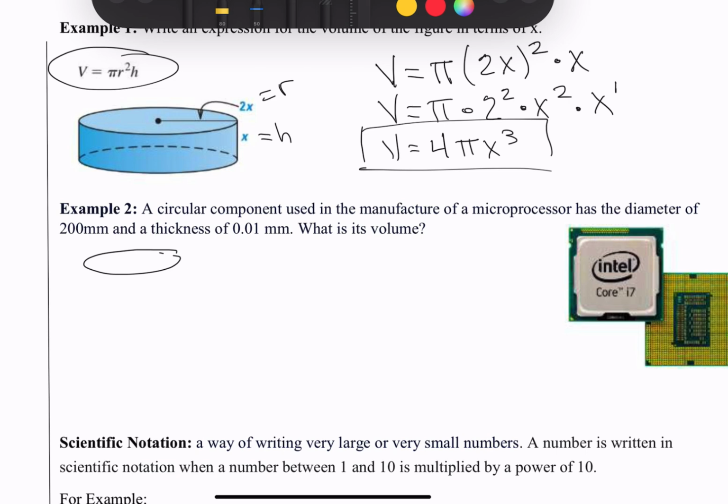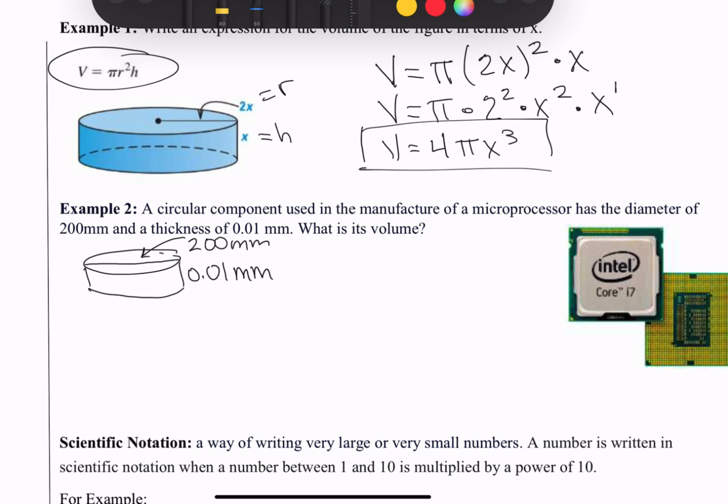Okay, and it's going to look something like, there's a bad drawing, but I know that I have a diameter. Now the diameter goes through the center of the circle. It takes the entire length of that circle through the center, and that diameter is going to be 200 millimeters. And then I know that my height is going to be 1/100 of a millimeter.